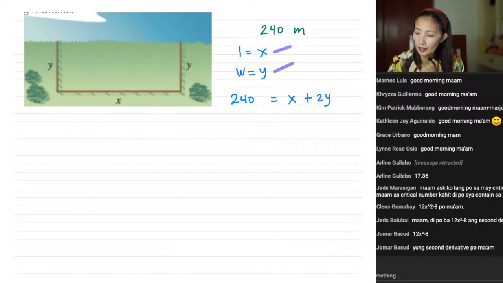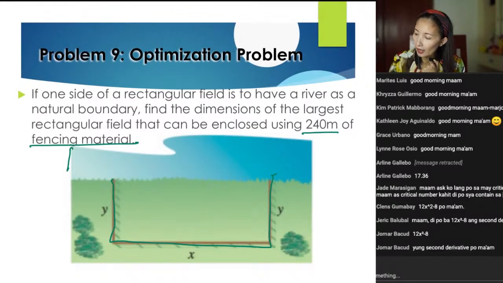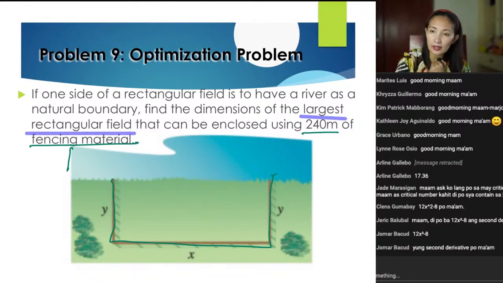Now, what quantity is to be maximized? Largest rectangular field, which means this one requires a maximum. What quantity is to be maximized? Area. The largest rectangular field.